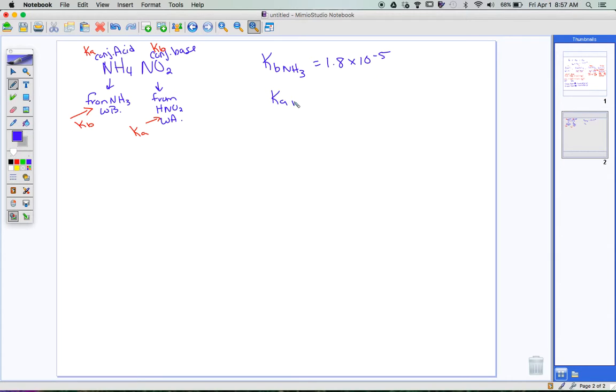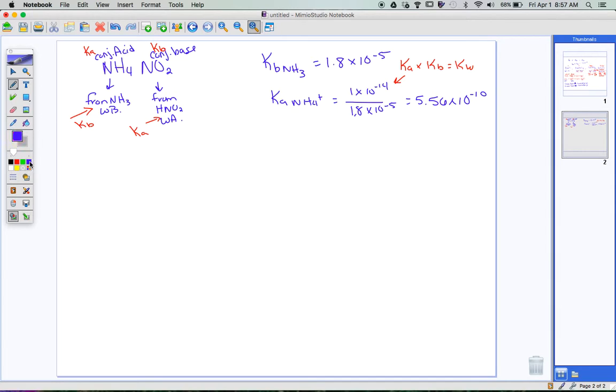So the Ka of NH4 plus would be 1 times 10 to the minus 14th divided by that 1.8 times 10 to the negative fifth, which would be 5.56 times 10 to the negative 10th. That equation right there is me rearranging Ka times Kb equals Kw. That's really what that is.